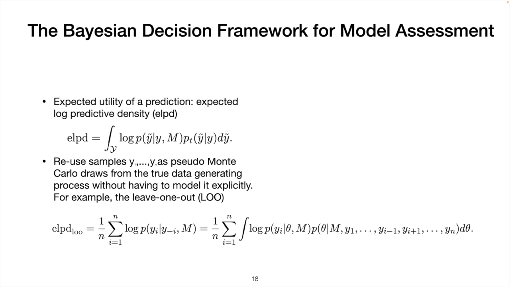I then integrate out over theta, and I get this leave-i-out predicted density on the i-th observed data. And I do this n different times on all the observed data points. Then I can compute the ELPD-LOO, which itself is an asymptotically unbiased and consistent estimate of ELPD, assuming the data is conditionally IID or exchangeable.